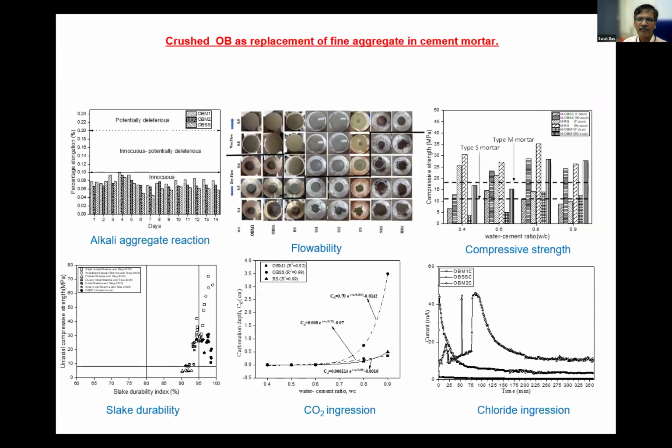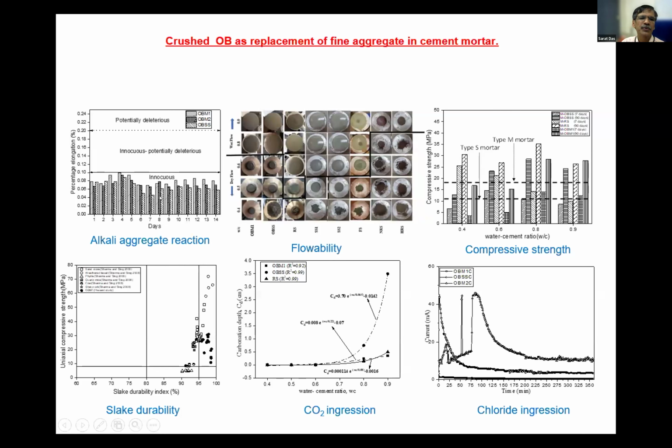Now, the first one, as I say, green, is the coal mine overburden. All the material looks normal, like what we have seen in other geomaterials. So here we try to use it first. If I crush this sandstone, I am going to get alternate sand. What are the criteria I should consider?